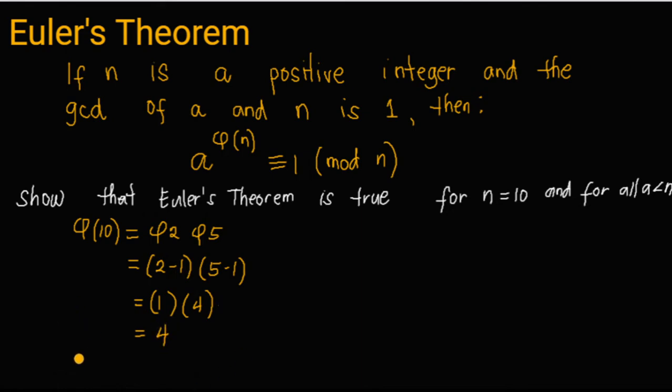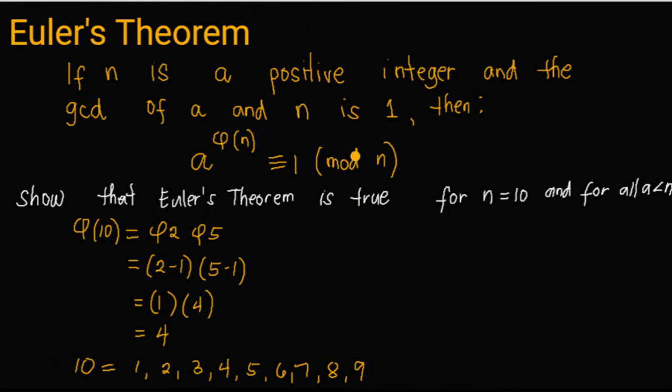And if we're going to list down all the numbers to determine the value of a, so a must be less than n, and the numbers less than 10 are 1, 2, 3, 4, 5, 6, 7, 8, and 9.